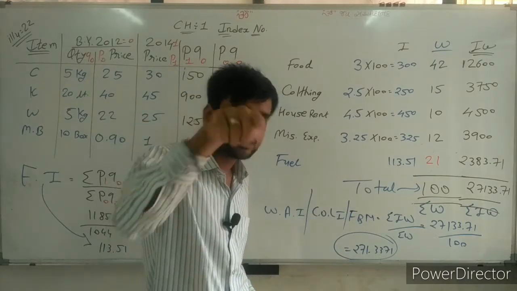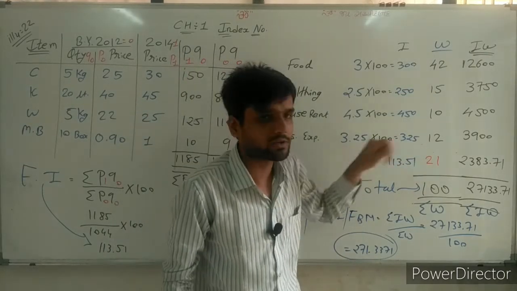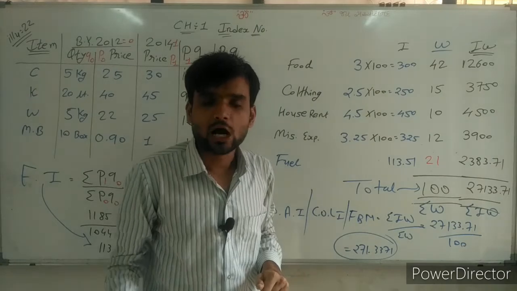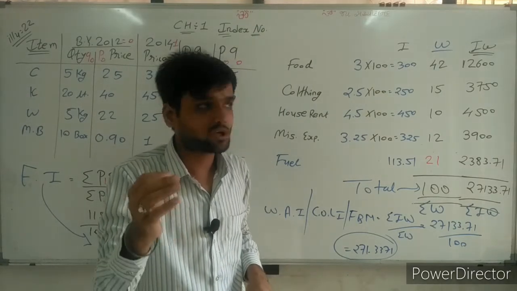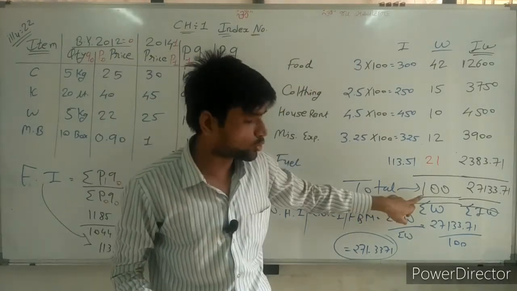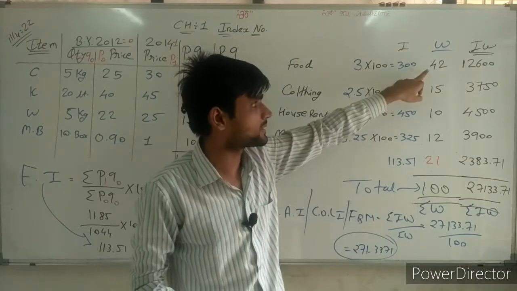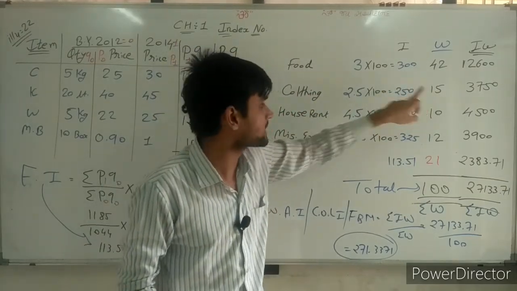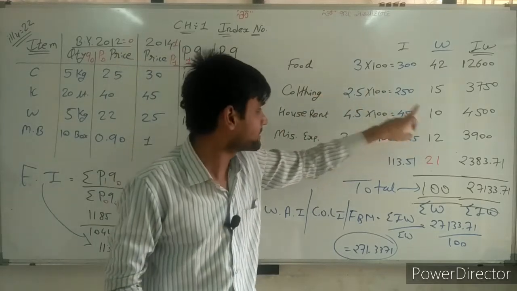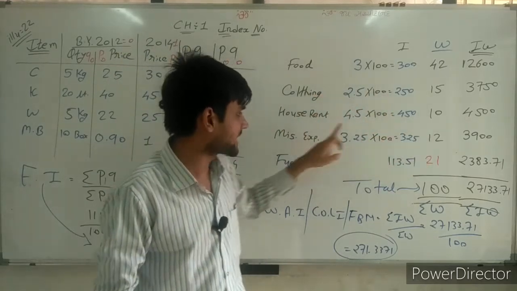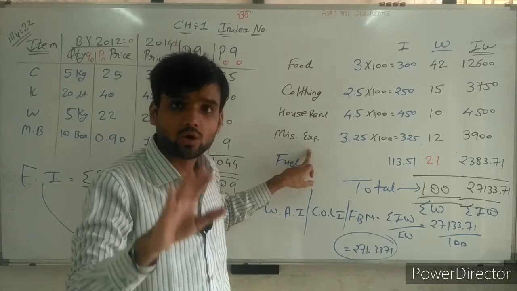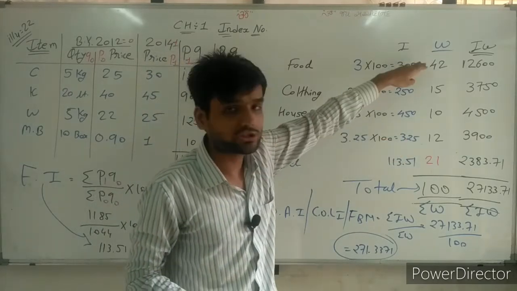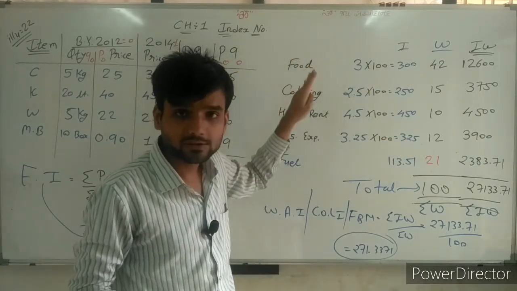Now with its comparison, W is also given. How much percentage expense is done on food? So total 100%, from 100%, 42% expenditure done on food, 15% on clothing, 10% on house rent, 12% expenditure on miscellaneous expense. Only this expenditure is done on these items.